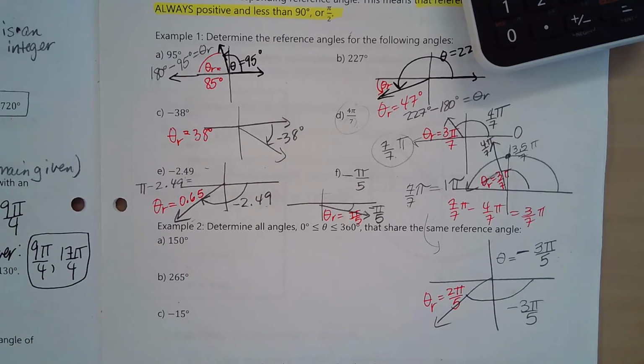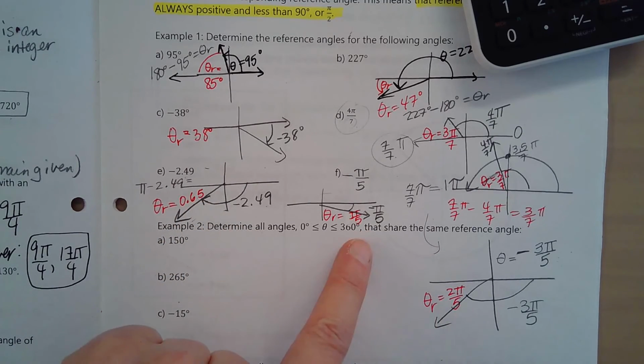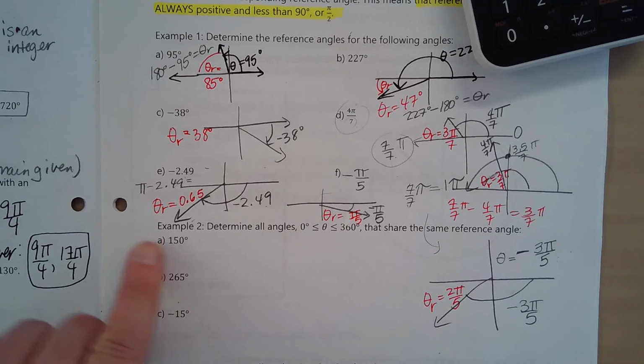So I think 0.5, almost that number, the last one you did, 2 divided by 5, the one you did, 0.65.